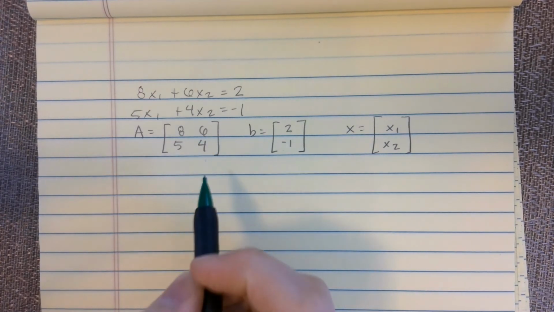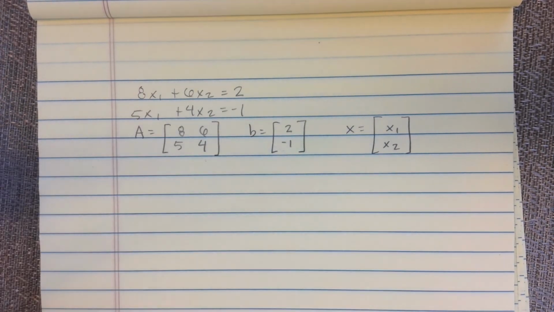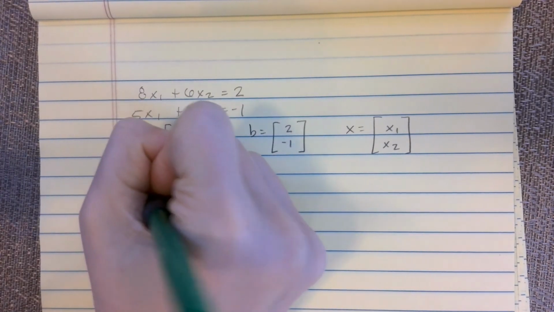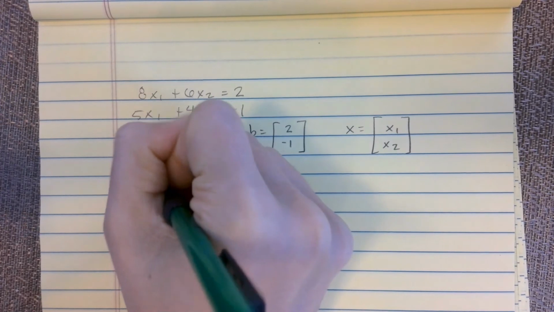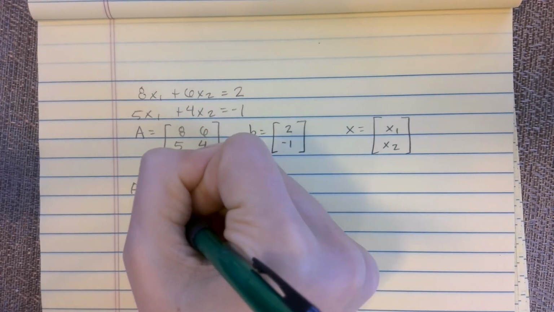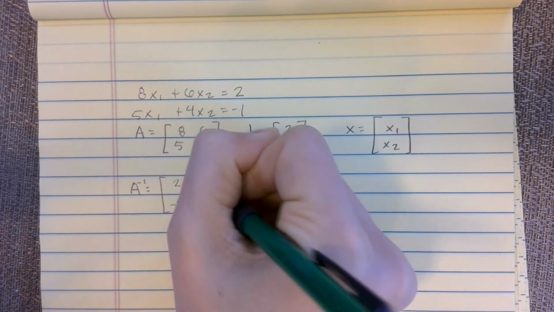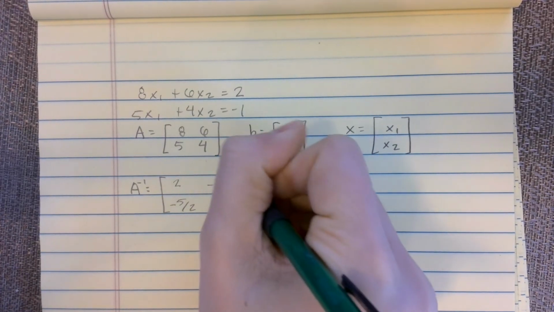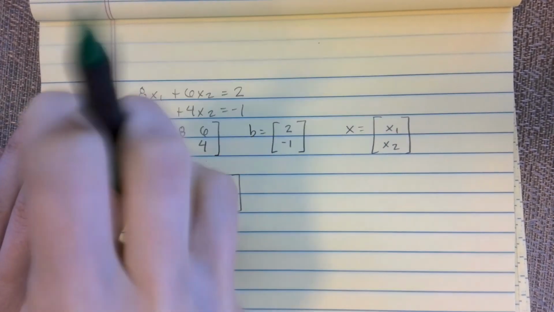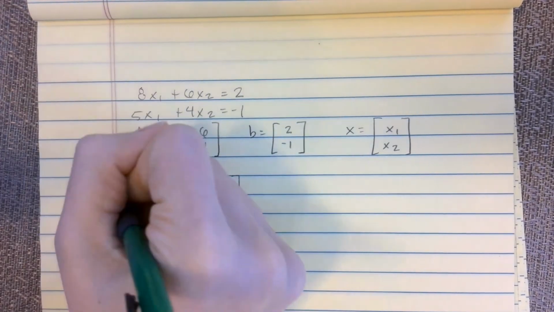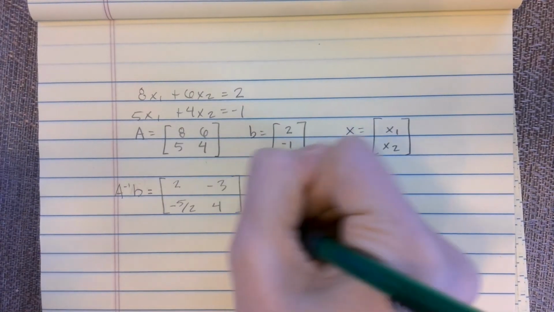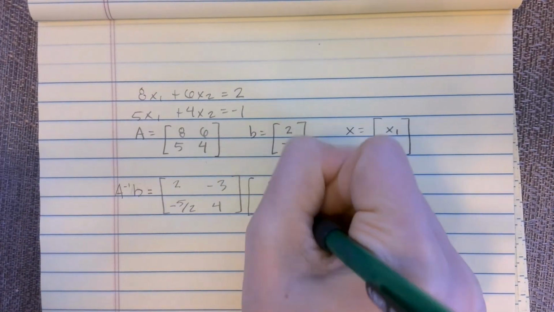So if you look back at the other page, A inverse is 2, -5/2, -3, 4. And I want to multiply that by this vector. So A inverse times B is this times this, and this should be equal to the x we're looking for.